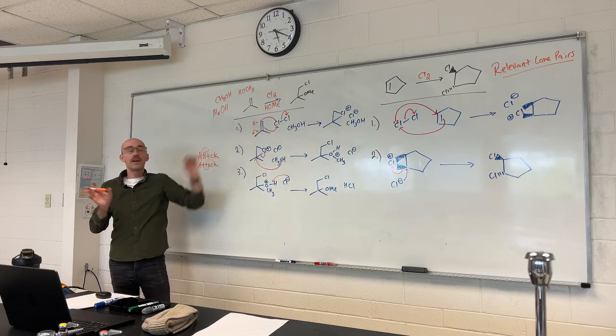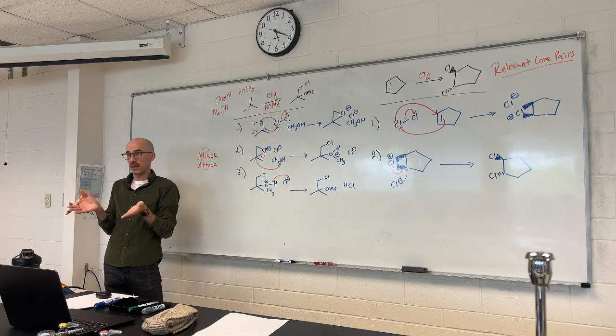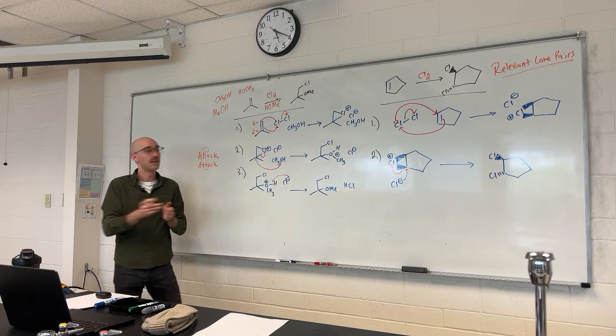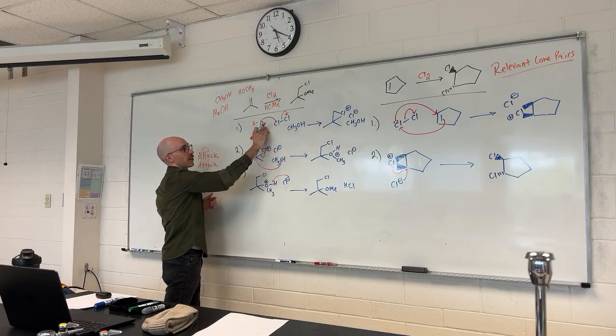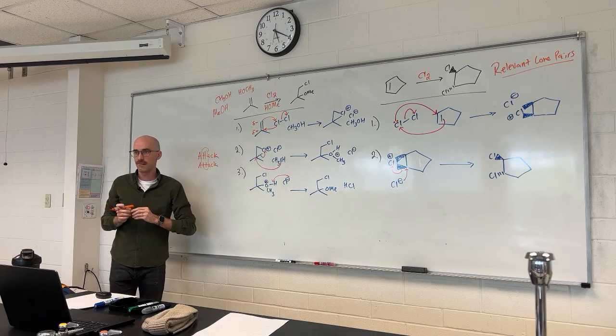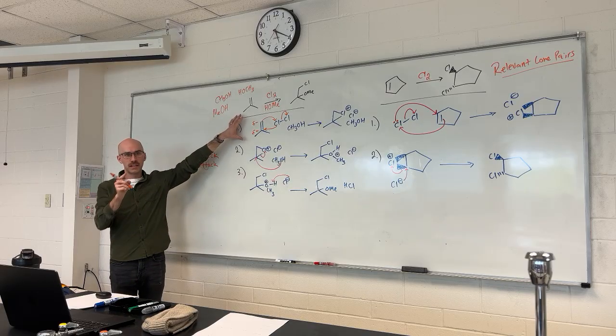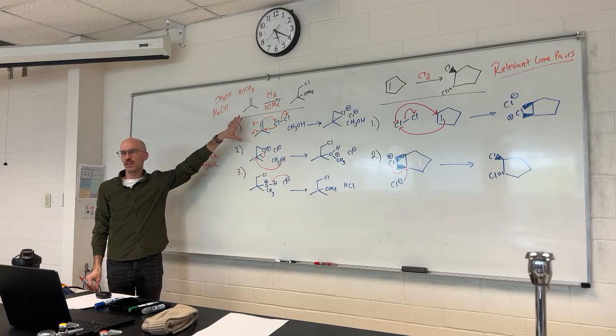Full points for it. But it does help you understand the regiochemistry of the attack better if you recognize that the chlorine should attack at the bottom and be attacked from the carbon on top. This is best, but the other wouldn't have lost points.